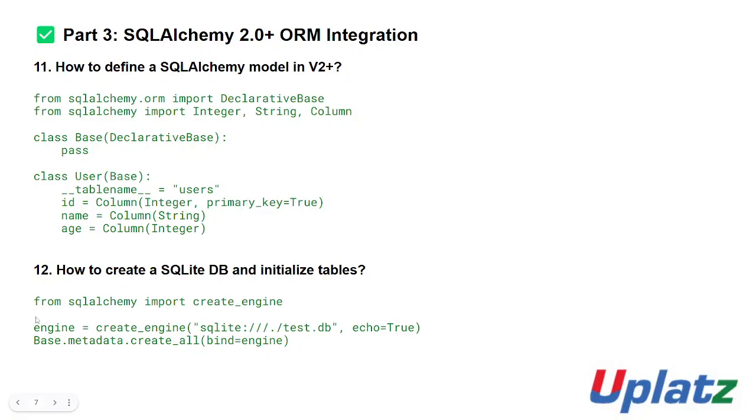So it will create that file under the current folder, the root directory of that server, test.db it will be named, and echo=True will show something in the console. Base.metadata.create_all(bind=engine).